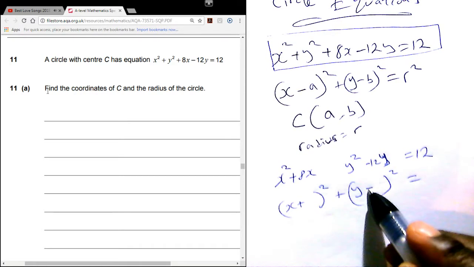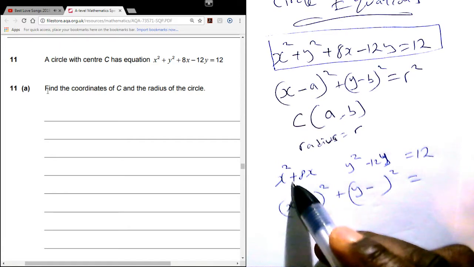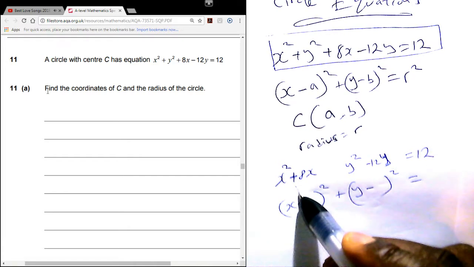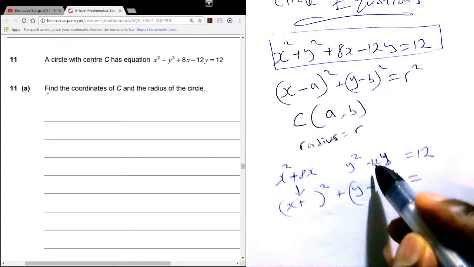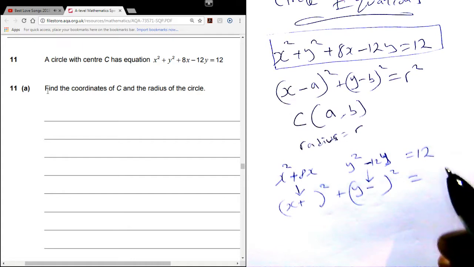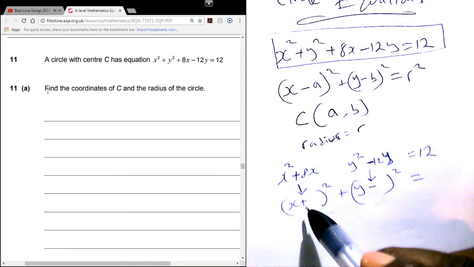How do I know that this has to be minus and that has to be plus? Because unfortunately for us, this is no longer a minus, it's now a plus 8x. So that symbol there goes there. This one is already a minus, so that's what it takes. You can't give what you don't have, right? So if that's minus, then this has to be minus. If that's plus, this has to be plus.